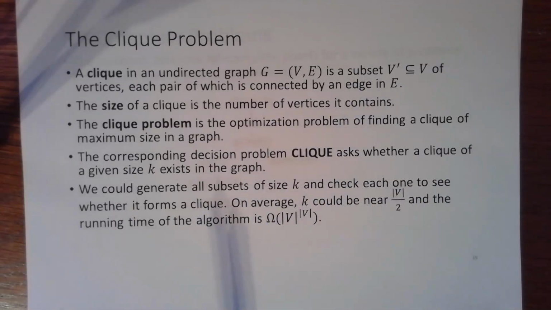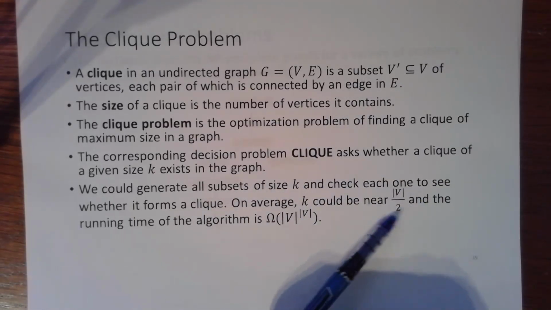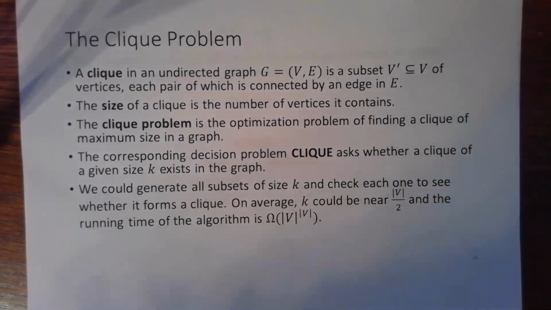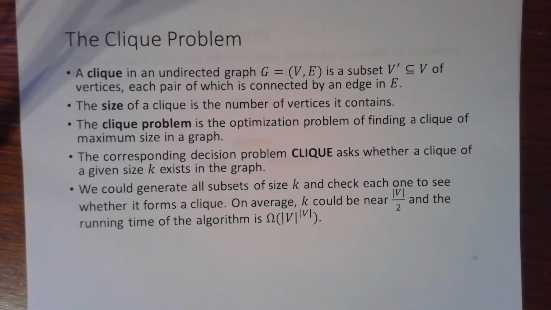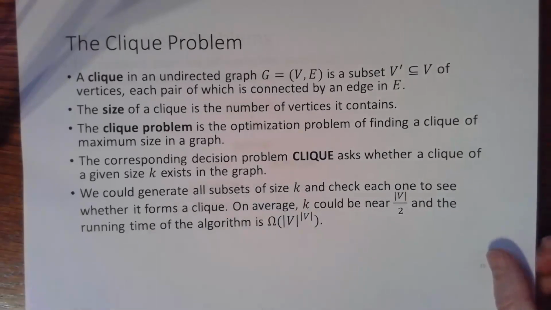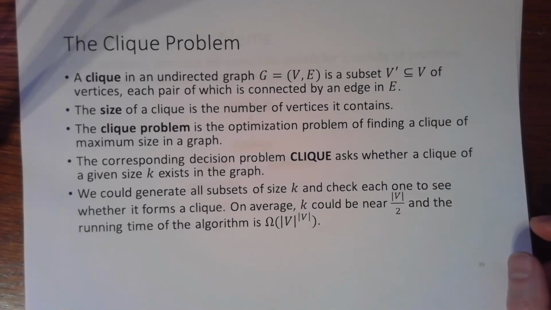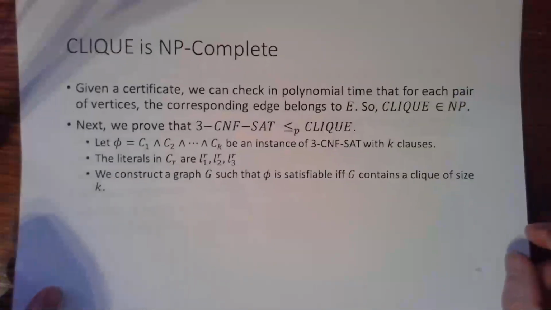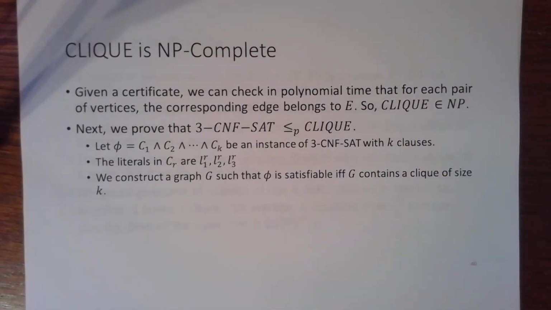Generally in graphs, if they aren't super sparse, we might have about half the number of vertices. And so if that were true and we generated all possible subsets, we would have v to the v, which is not polynomial. So you have this feeling that clique is going to be a difficult problem and not solvable in polynomial time. So let's actually look at the proof that it is indeed NP complete.